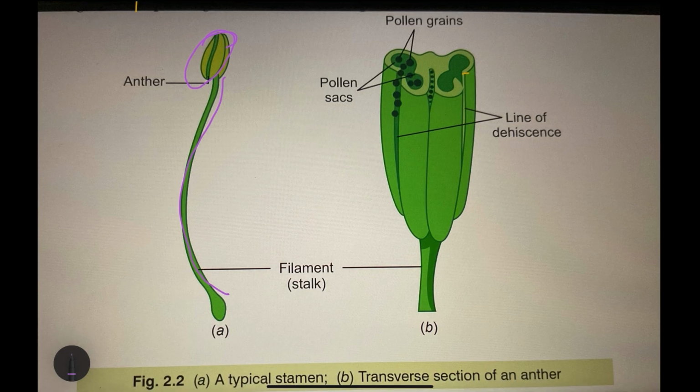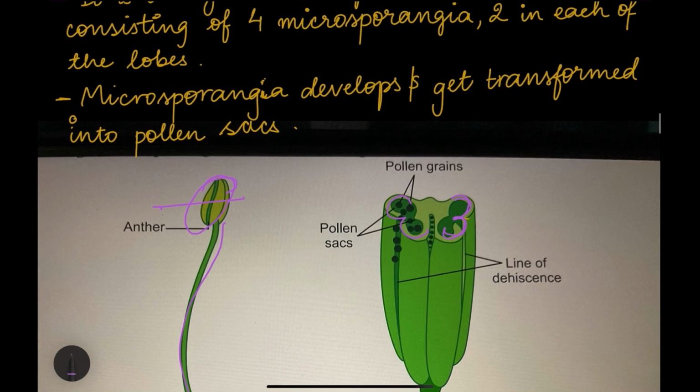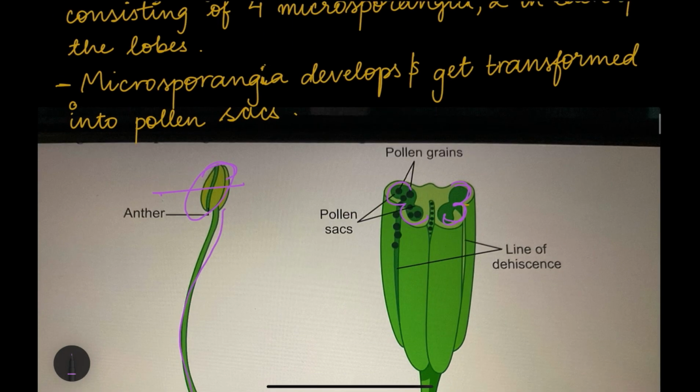When we take the transverse section cut in this plane, you can see there are two lobes, and each lobe or sac contains two theca. So it is a bilobed structure, two lobes, one is this, one is this.